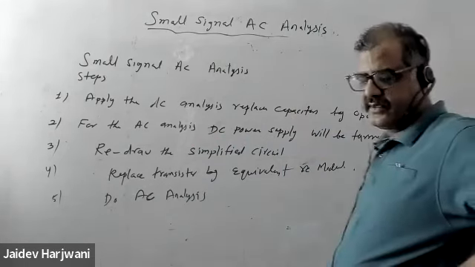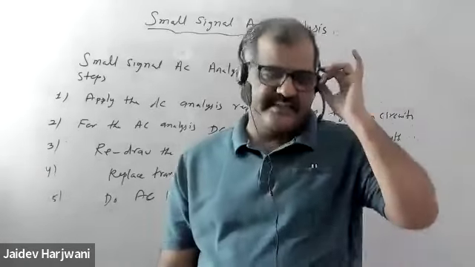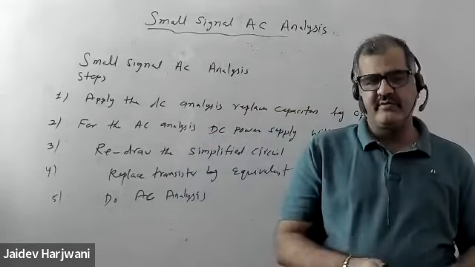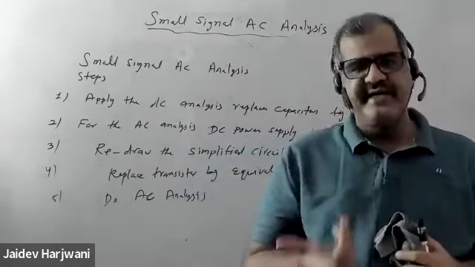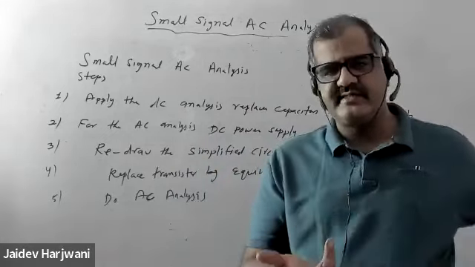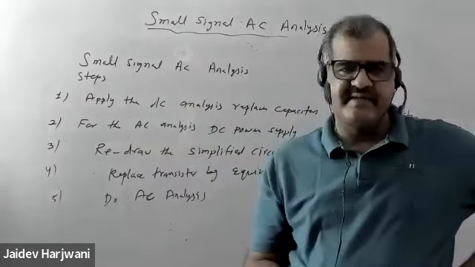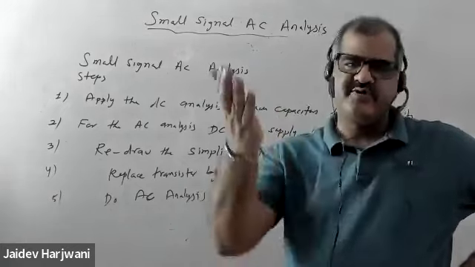So AC analysis includes your DC analysis also. The way we have done DC, because if you want to replace the transistor by an equivalent model, of course you need RE, and you cannot calculate RE unless you do a DC analysis. So whenever you get an amplifier circuit, first you need to solve it for DC, so that you know IE.